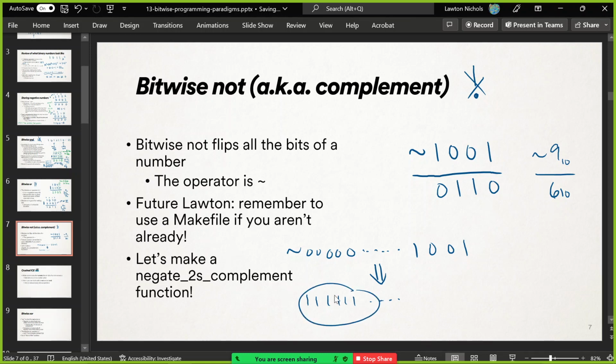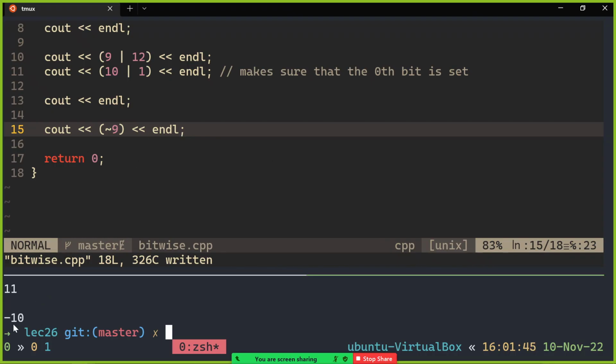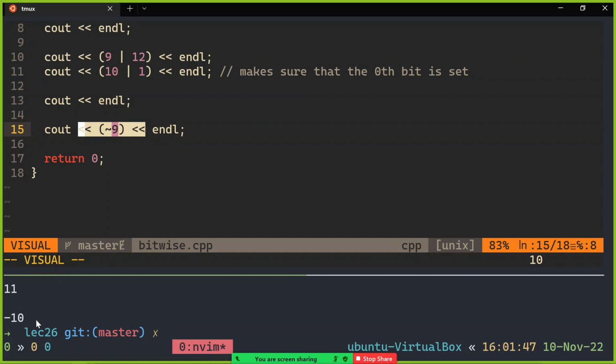But this is going to make a negative number for us, because we give away some of our large numbers to make negatives. And this ends up being 0, 0, 0, 1, 1, 0 at the very end, but a bunch of 1s at the start, because there are a bunch of zeros at the start of 9. Does that make sense? So this was really the encoding of, if you flip all the bits of 9, it really gave you -10.